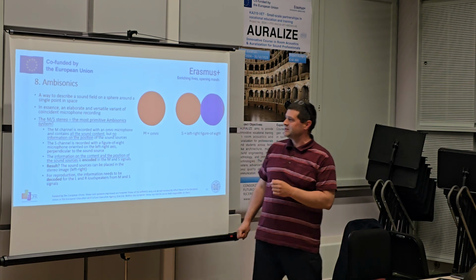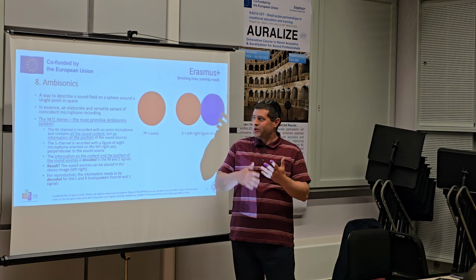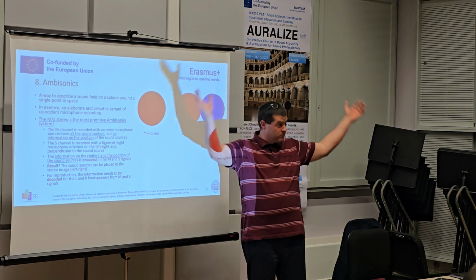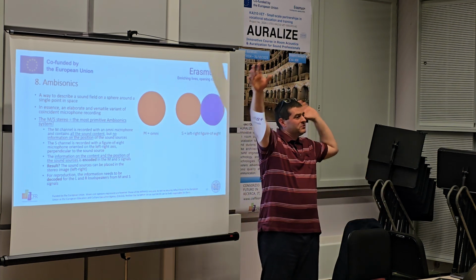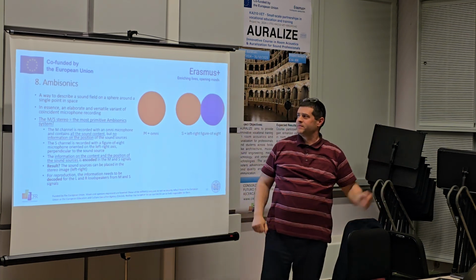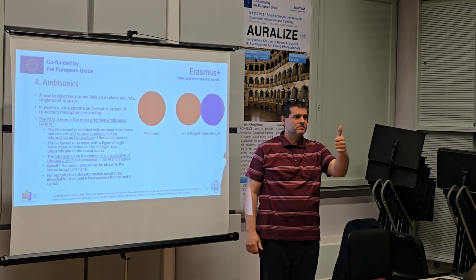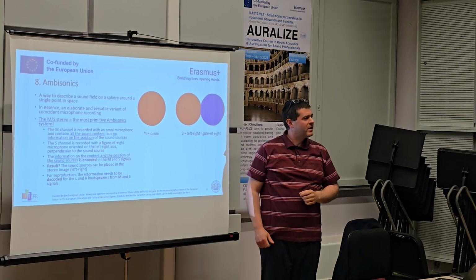So what is the core of the system? It's a way to describe a sound field all around you. Let's say you want to describe something on a sphere that's all around you in 3D from a single point, from the point of the microphone. I think I heard that somewhere.